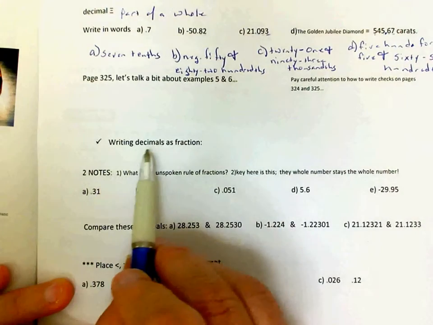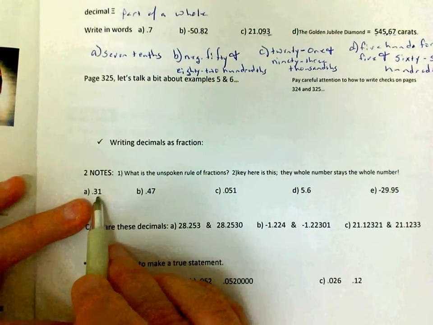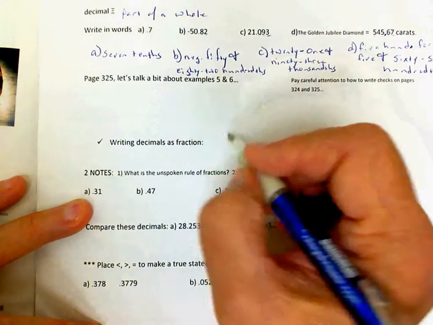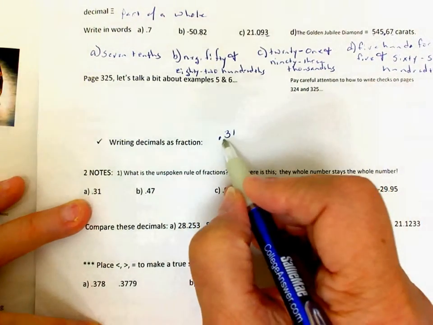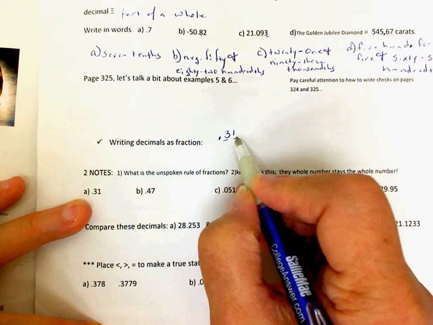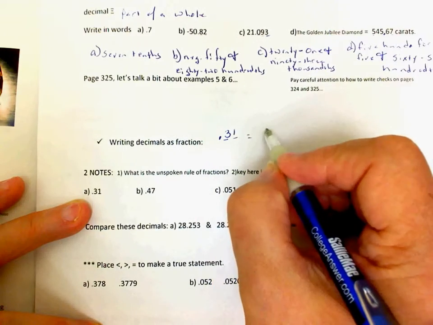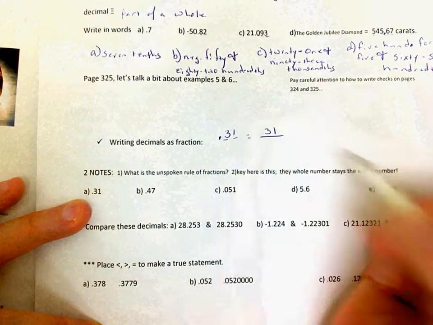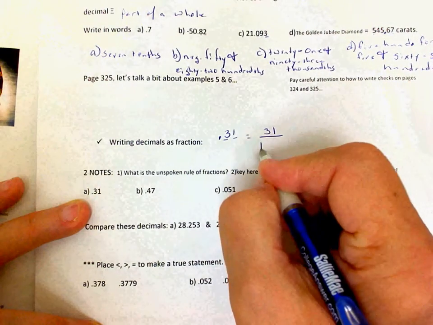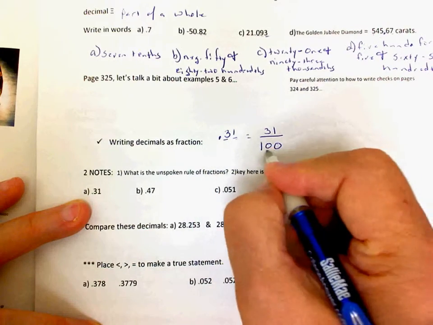Okay? Now, when writing decimals as fractions, I'm going to use part A here. 0.31. We know that this is tenths, hundredths. Okay? So what we do is we write the 31 without a decimal place, put a fraction bar, we put a 1, and then because there are 2 decimal places, we put 2 zeros.